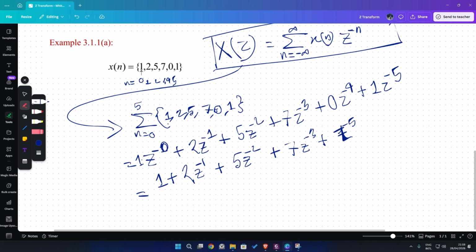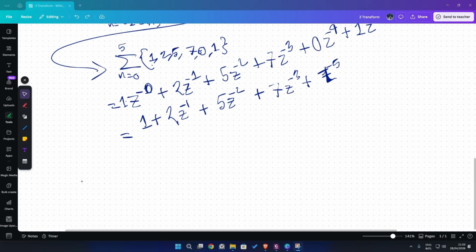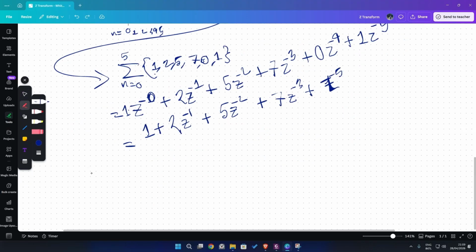So what will be the value of ROC? Now talking of the ROC, we need finite values of X of z. So to have the finite value, we have to exclude the values like invalid or infinity.